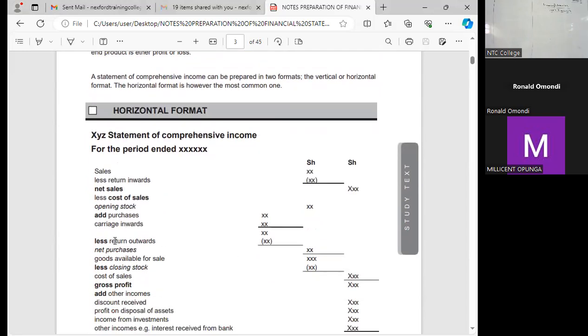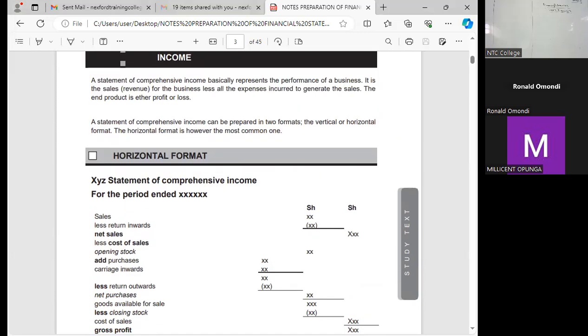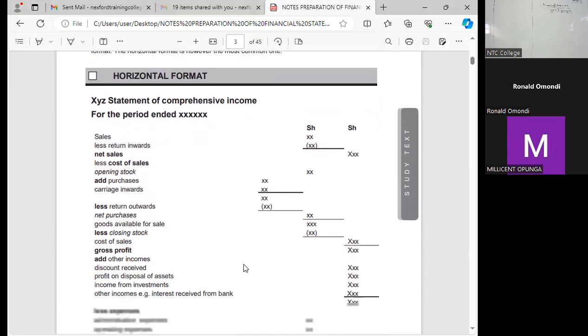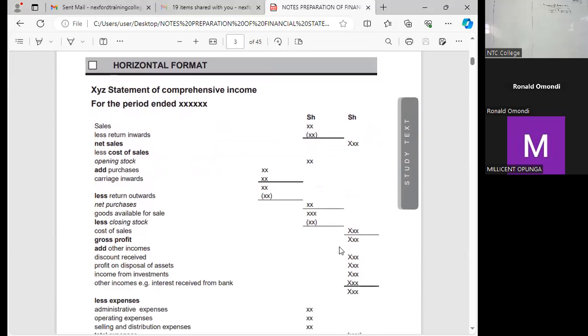Then you less return outwards, which are goods that were bought but returned. Then you get net purchases, and from there goods available for sale. Then you less closing stock, and you get cost of sales. Then you take net sales less cost of sales, and you get what we call gross profit or loss.